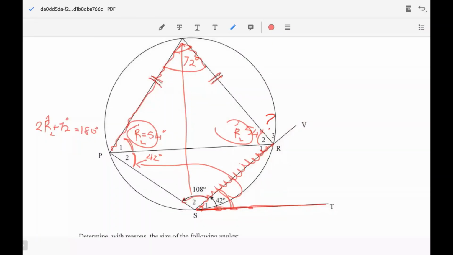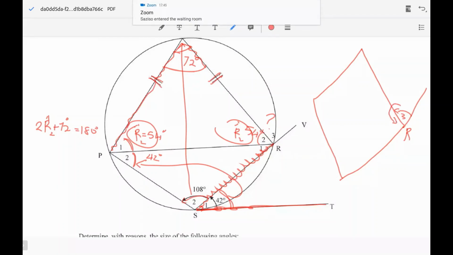So R3 is the exterior angle. So where is the interior opposite? Let me try to sketch our cyclic quadrilateral aside. So this is point R, and this is R3 that we are looking for. So from R3, you find yourself here at the interior, and then the opposite of the interior is going to be angle P, the whole of angle P, which is your P1 and P2.